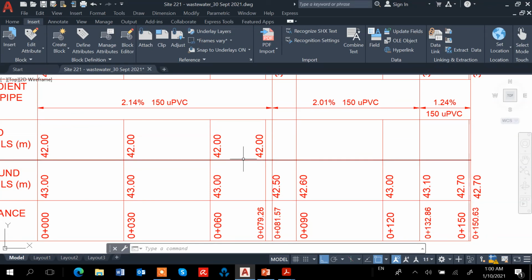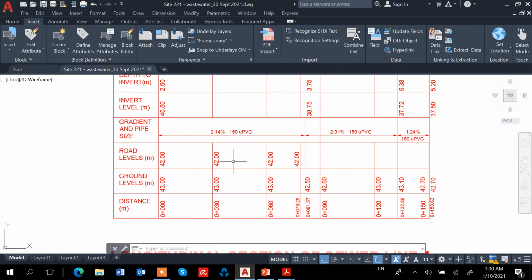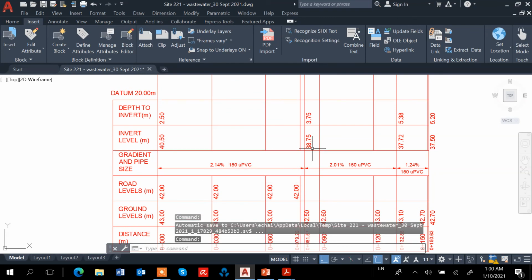The horizontal distance is 81.57, and the change in elevation is actually the invert level, which is 40.5 dropping to 38.75.